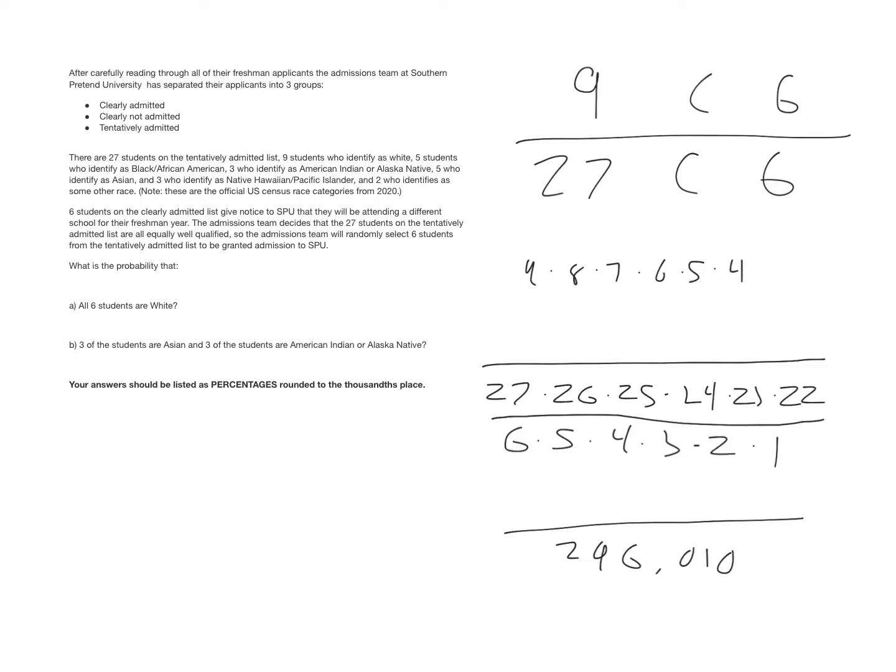But again, the way that's written implies that the order in which I choose the students is important. But that's not true. So I have to divide out how many ways I could rearrange any particular grouping of 6 students. And if I simplify that all the way out, I'll get 84.